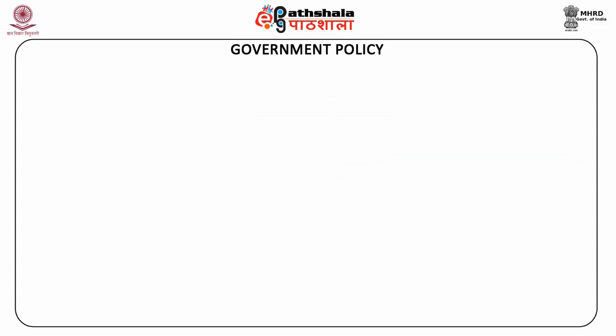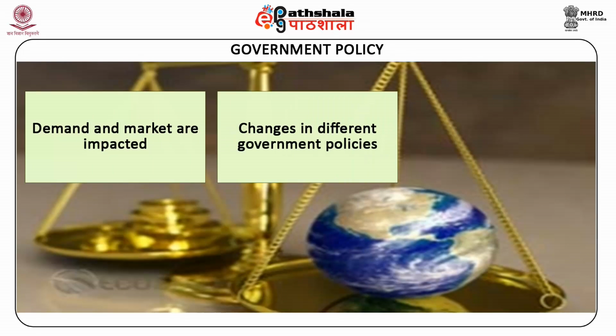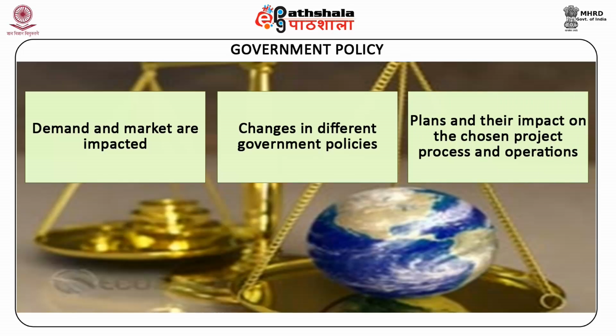The next is the government policy. The demand and market are impacted by existing or changes in different government policies of the potential products and availability of their technology. This relates to the government policies, laws, plans, and their impact on the chosen project process and operations.